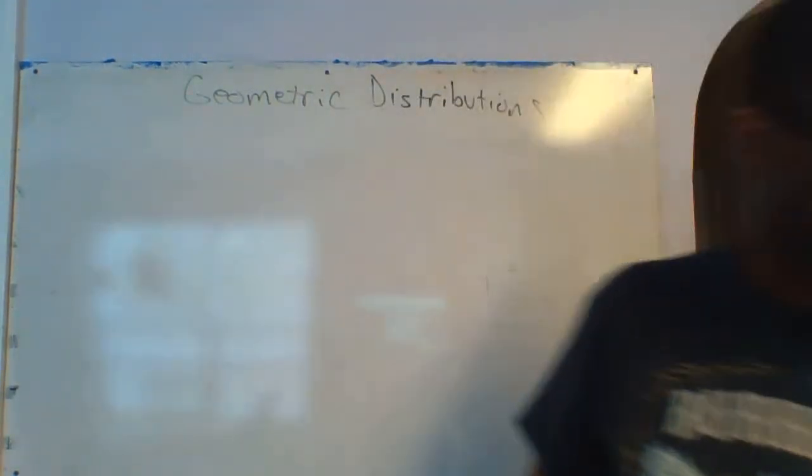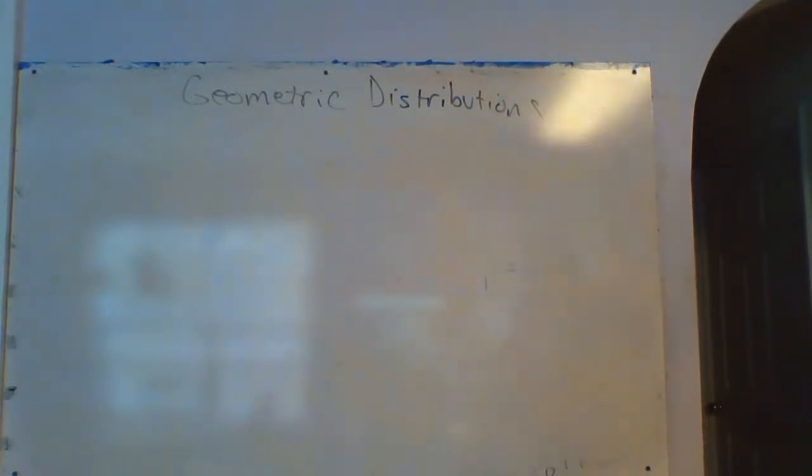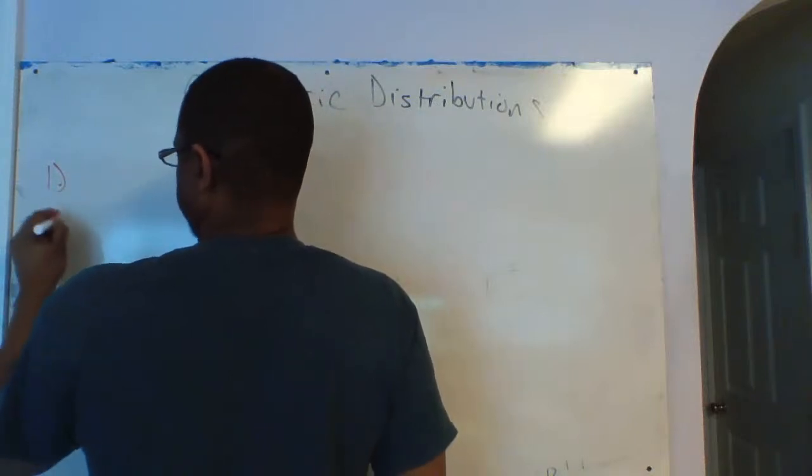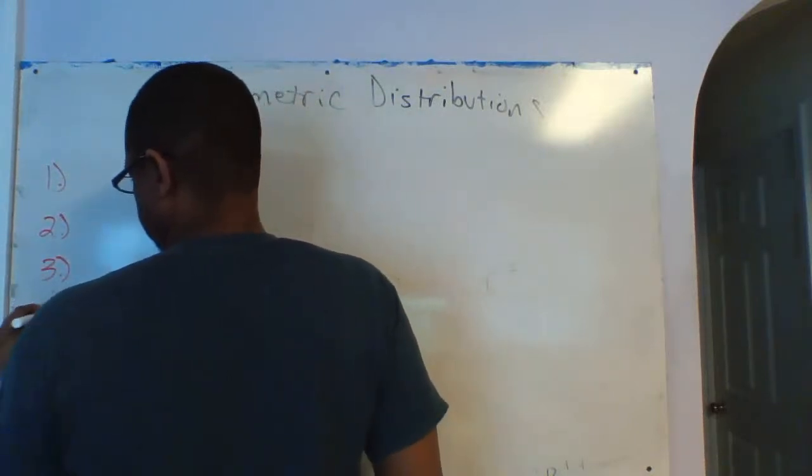All right. So you have 4 rules for geometric distribution.